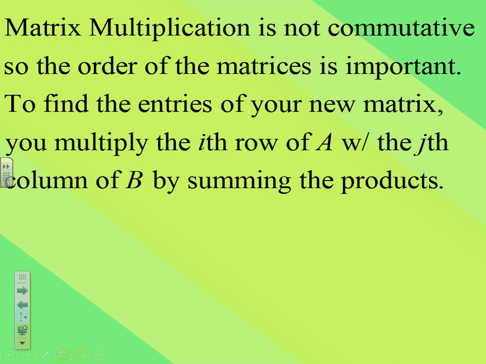Okay, so let's just say normal arithmetic. If I say 3 times 2, I get a 6. If I say a 2 times a 3, I still get a 6. The order in which I multiply those numbers doesn't matter to the outcome.